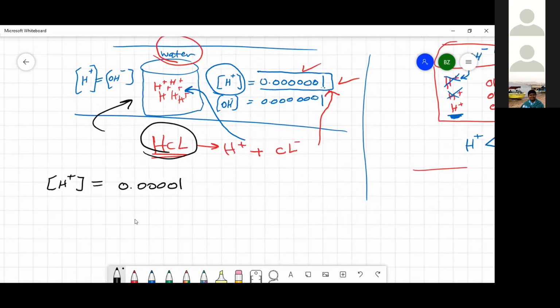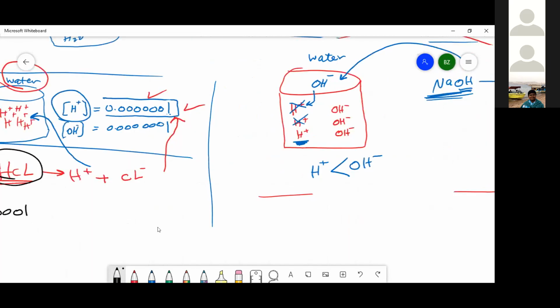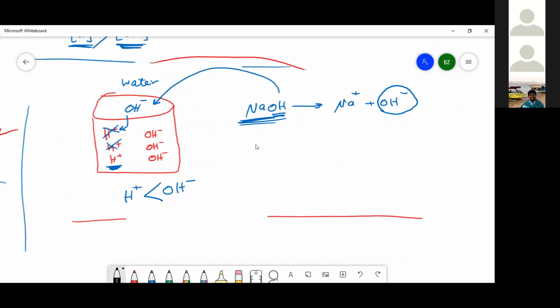Now, the new idea. Now we finished the idea of concentrations. Let's go back to here, when we said that the water was 0.0000001. After adding NaOH, that decreases the H plus in the water, right?